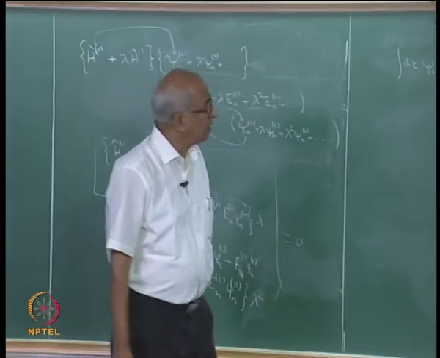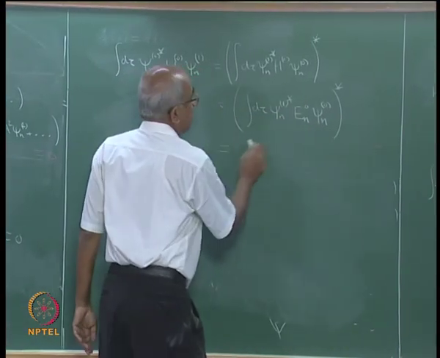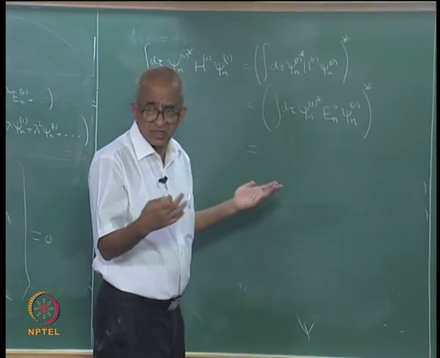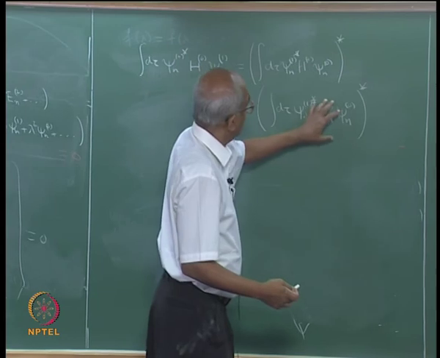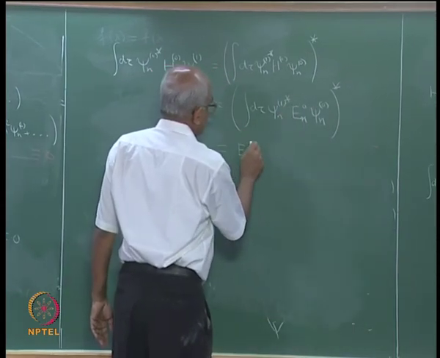Correct. And I can take the star operation inside. What is going to happen? E n0 is an eigenvalue. Eigenvalues of Hermitian operators are real, so this starring will have no effect on it. I can take it out because it is just a real constant.